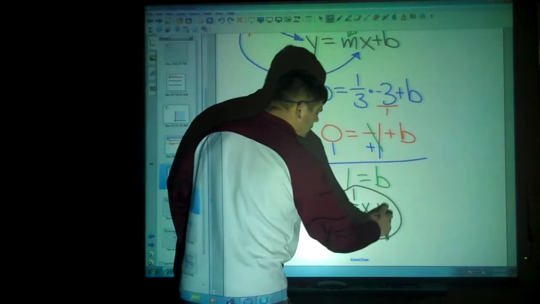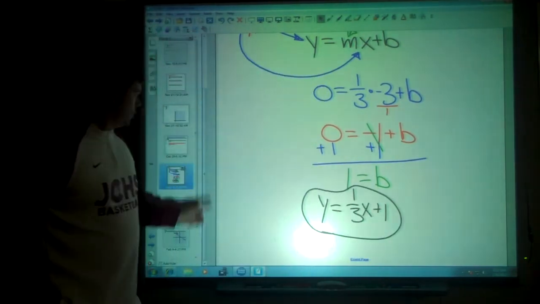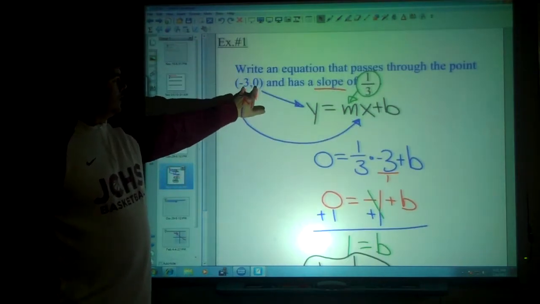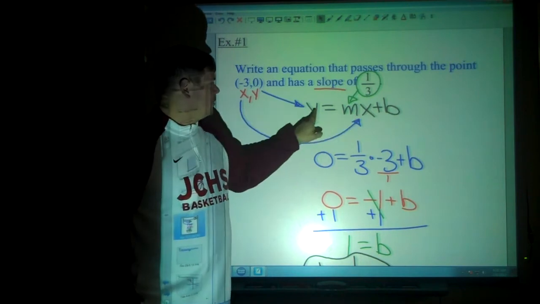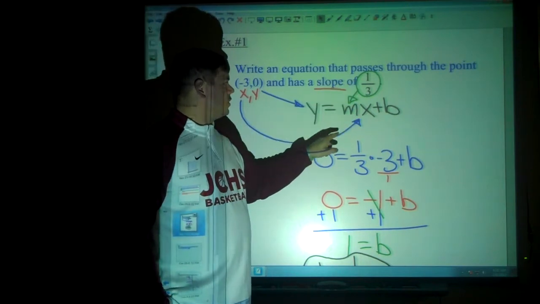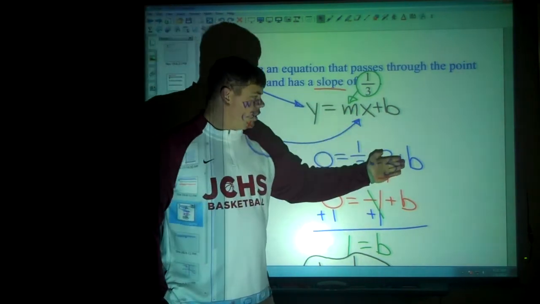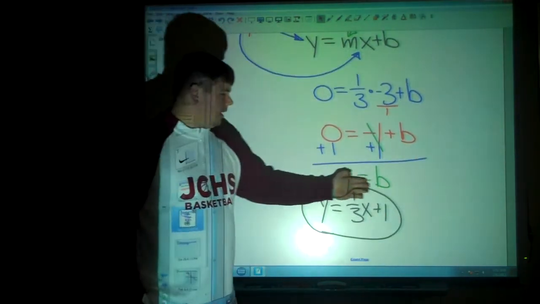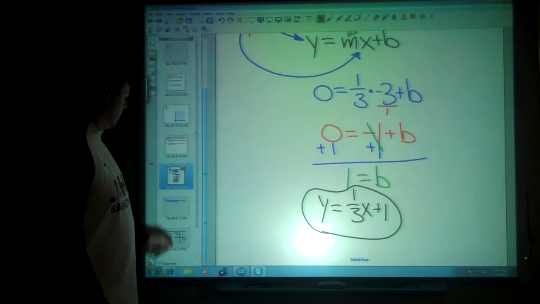Again, x and y are the coordinate that's given to you, so you can plug it in for x and y. You're given a slope, so you substitute that value in. That allows you to solve for the unknown y-intercept. Once you have the y-intercept, you can write your equation with the given slope from before.